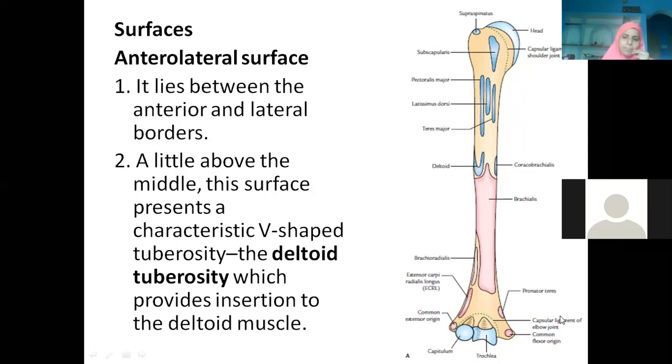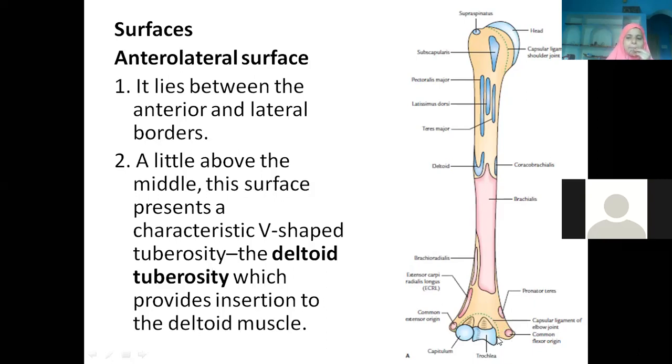Now, this is the upper part, the upper half of the shaft. Coming to the lower half of the shaft, we are finding the origin of which muscle? Brachialis. Okay. So this condylar line, what is the name I told you? Medial supracondylar line. The medial supracondylar line is giving origin to pronator teres.